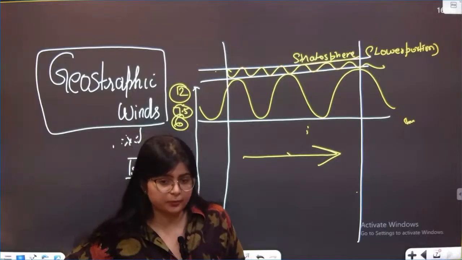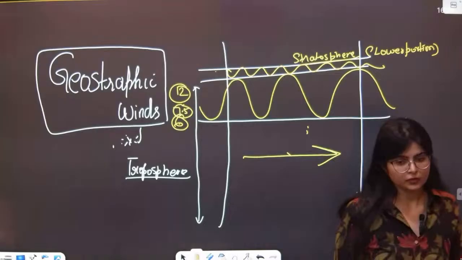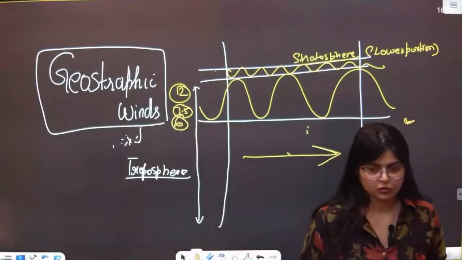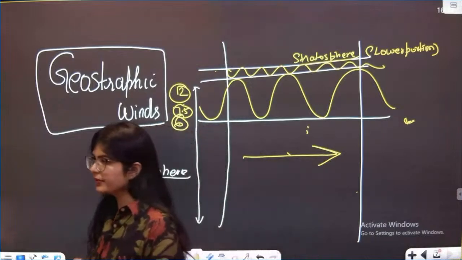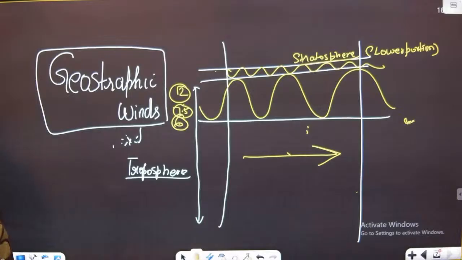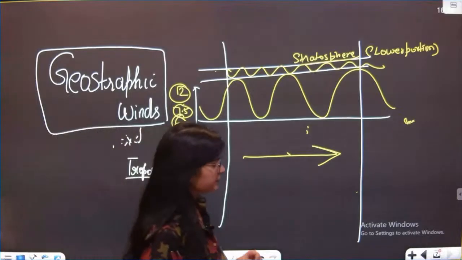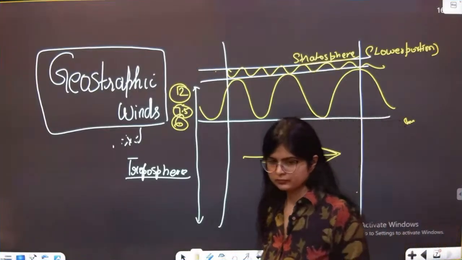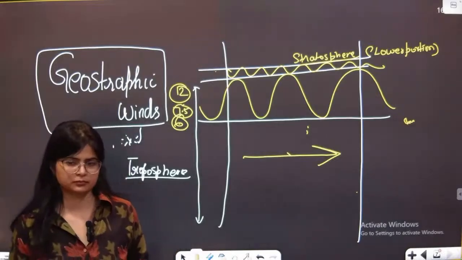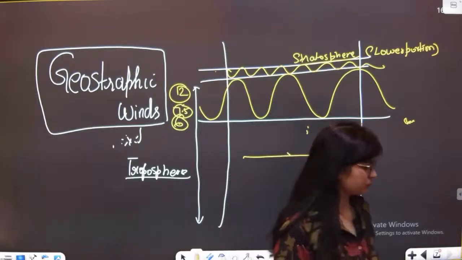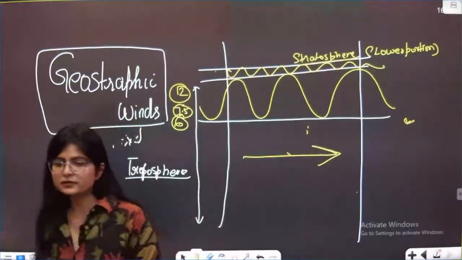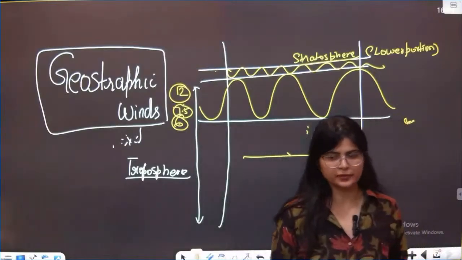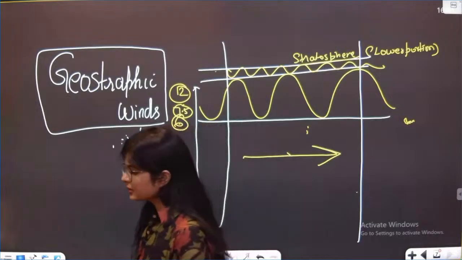Please write down this important point: Coriolis force is responsible only for deflecting the wind direction, only deflecting the winds in different directions, and it is not associated with change in the speed of winds.